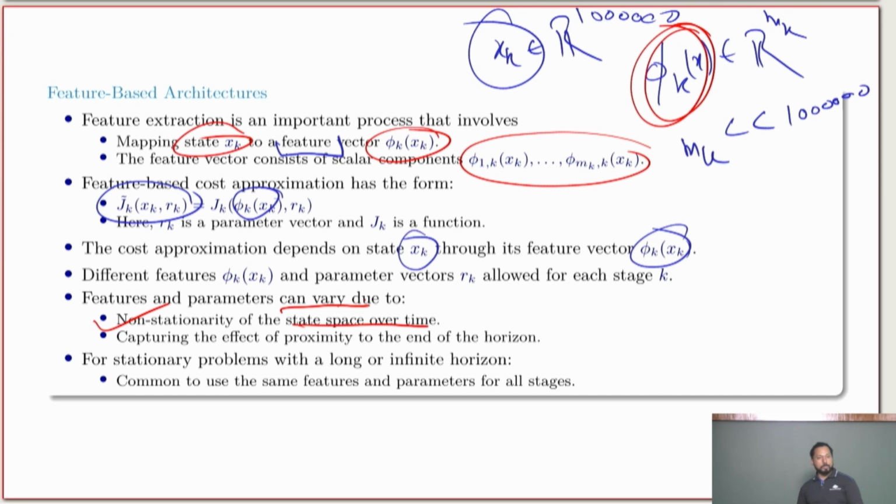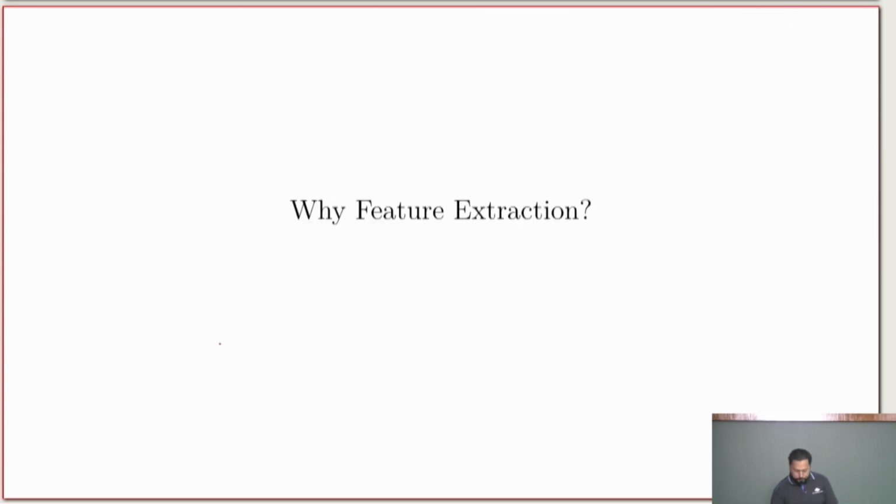So those could be classified as non-stationary cases. But for many problems like games, ideally you will have a feature extractor that remains the same throughout. You don't really change your feature extractor. Okay, so for a stationary problem, it's very common to use the same features throughout.